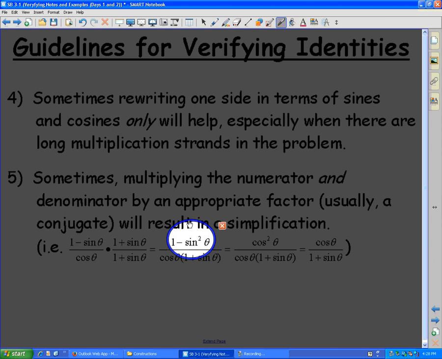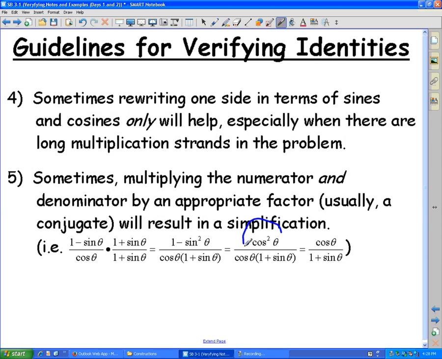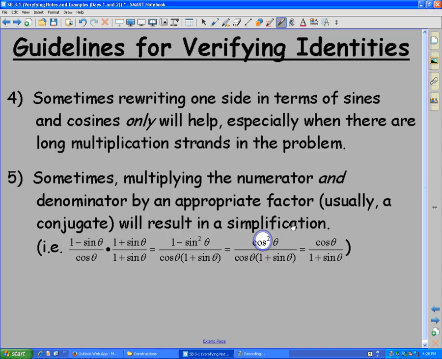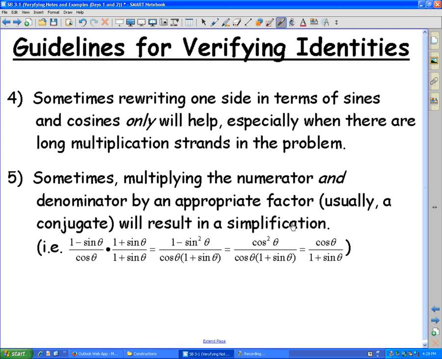And if you follow this line across, you will see, there it is right there, cosine squared. If you go to the Pythagorean identity, sine squared theta plus cosine squared theta equals 1, and you manipulate it, you'll find that cosine squared theta is equal to 1 minus sine squared theta. So great trick to use quite often, and we'll be pointing that out when it pops up.